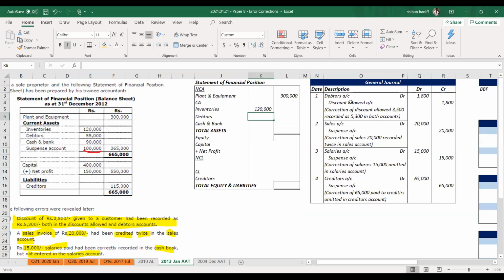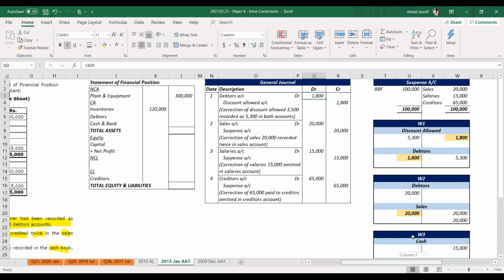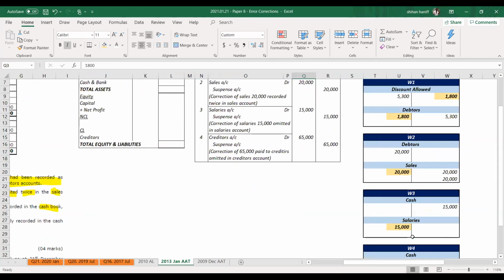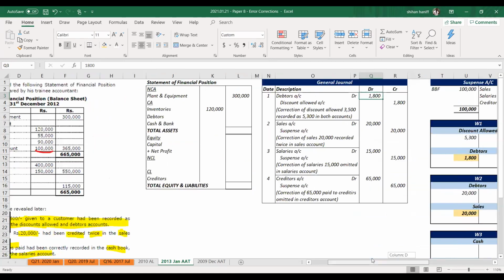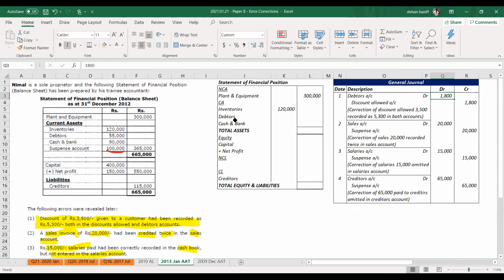In the debtors, here you can see 1,800 debit, debtors account. So that means now 55,000 is given in the balance sheet.